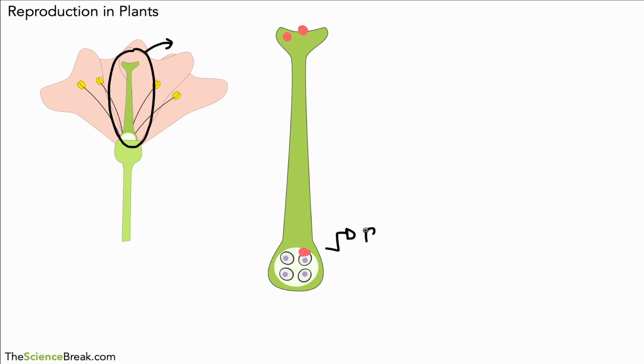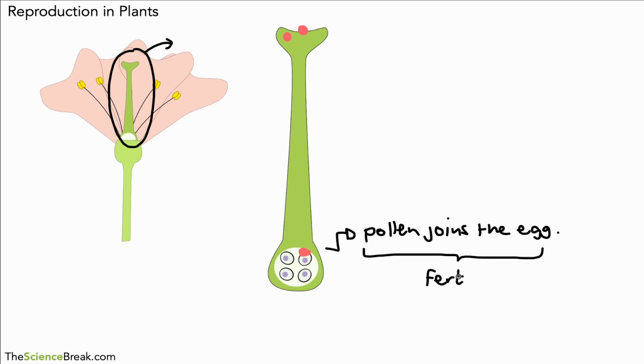So the pollen joins the egg, or an ovum, and this process is called fertilization. And after fertilization, we get the production of a seed. A seed is produced.